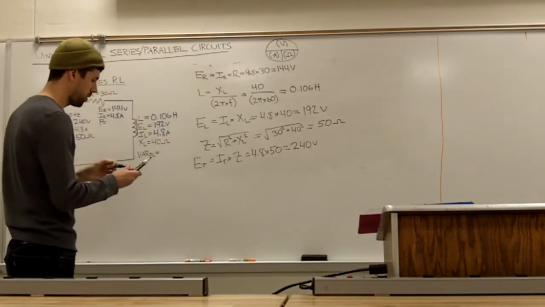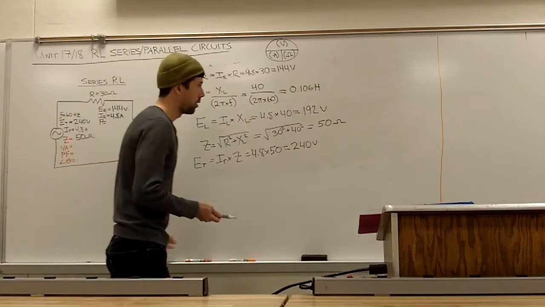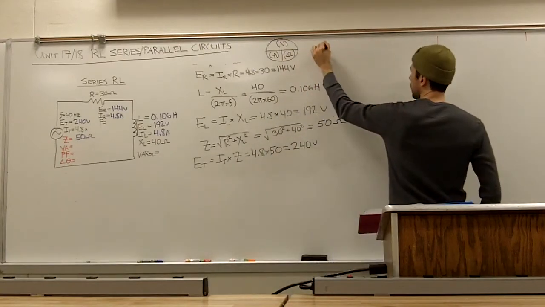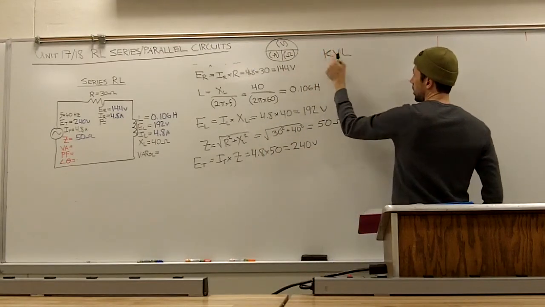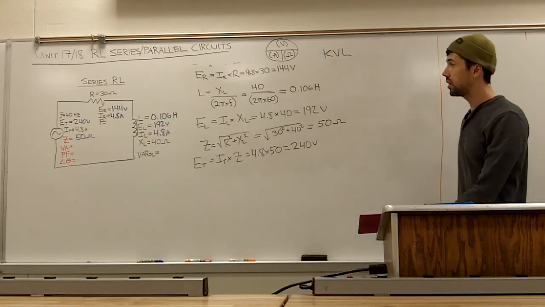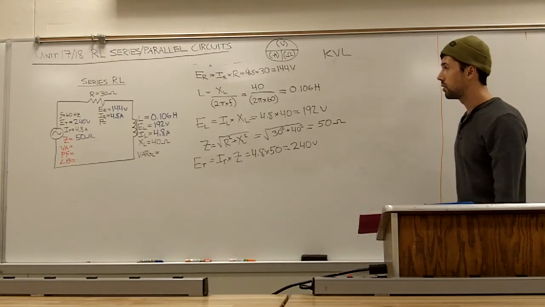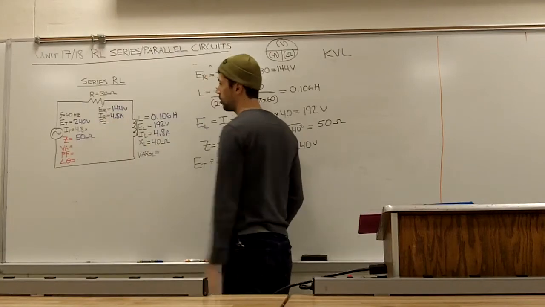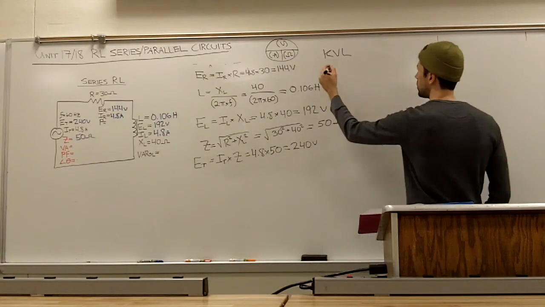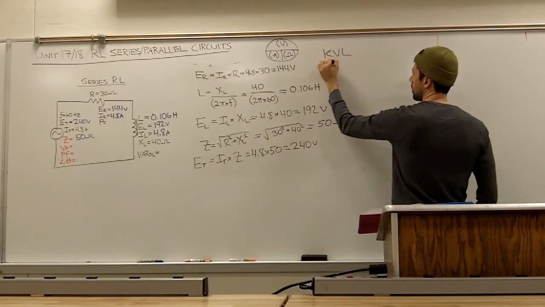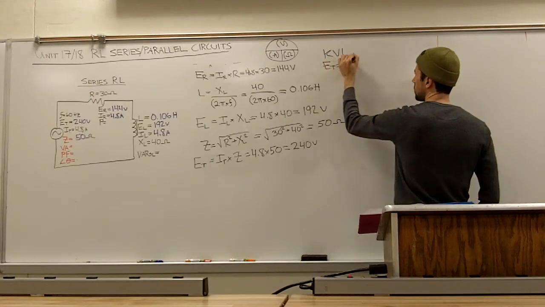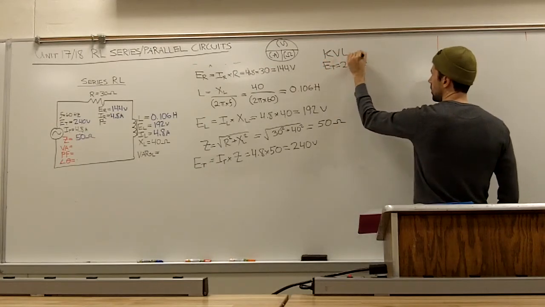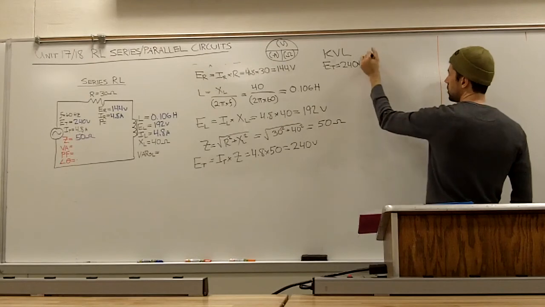Now let's take a look at something here. You should all remember Kirchhoff's voltage law. Kirchhoff's voltage law stated that the total voltage drops in a series loop should equal the total voltage. So the total voltage is 240 volts. Is that equal to the sum of each voltage drop?